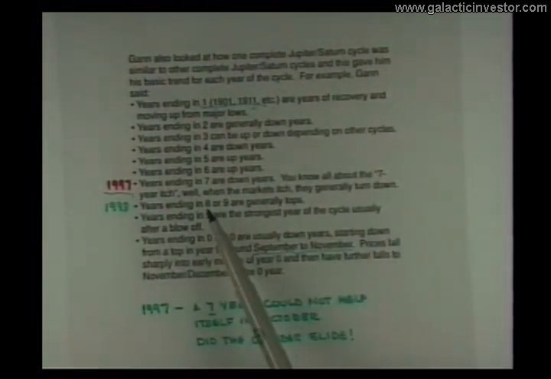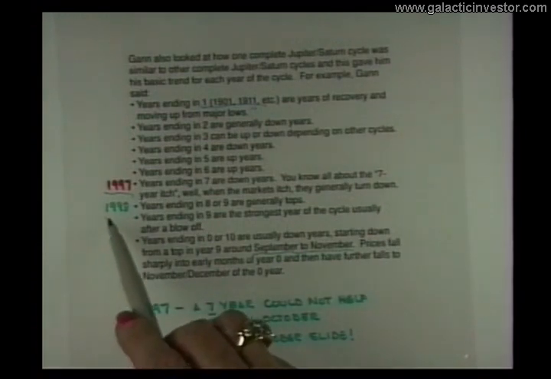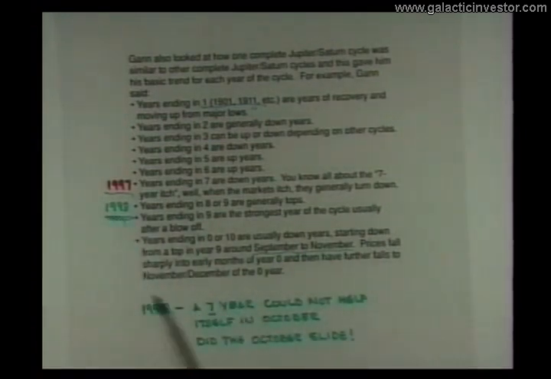Years ending in 8 or 9 are generally tops. So we're coming into 1998, a top year. This year, we're moving into, market prices should be going up during that period of time. We're not talking about how high it should go right now, but the general trend should be up.